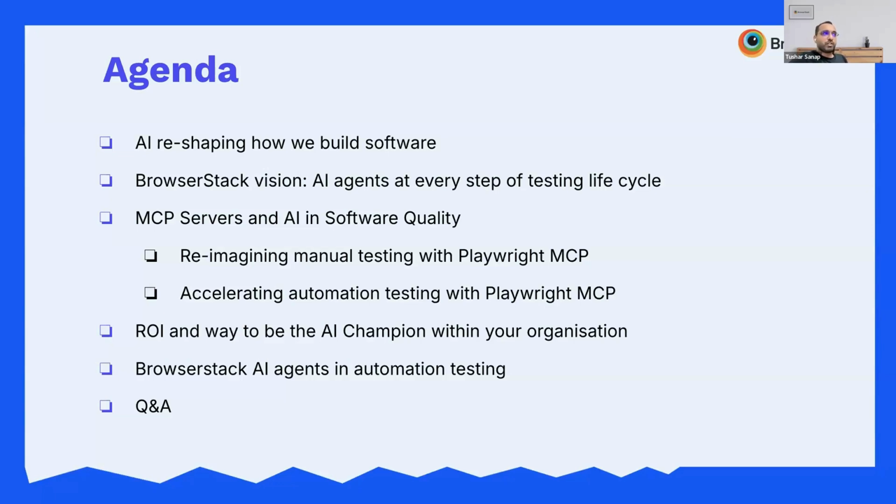In that, we'll majorly focus on how manual testing can be reimagined with MCP and AI together. We'll also talk about accelerating automation testing with MCP and how you personally can be the AI champion within your org and push boundaries with AI in the entire testing space. Post that, we'll also talk briefly about what different BrowserStack AI agents we have in automation testing, and then we'll close with Q&A.